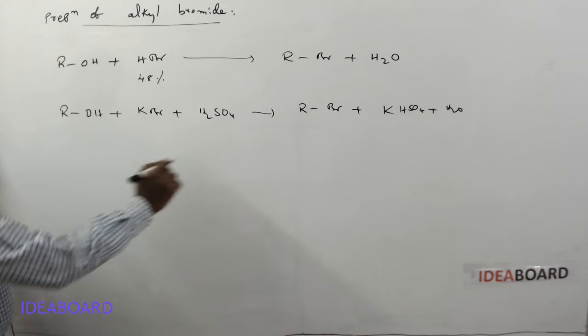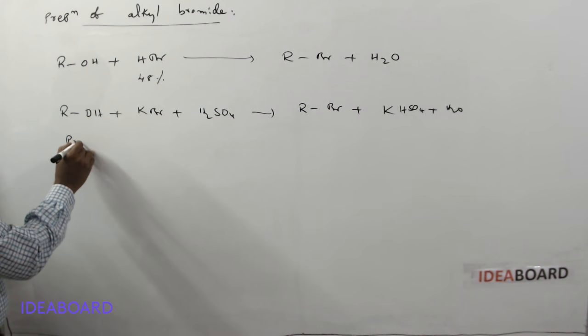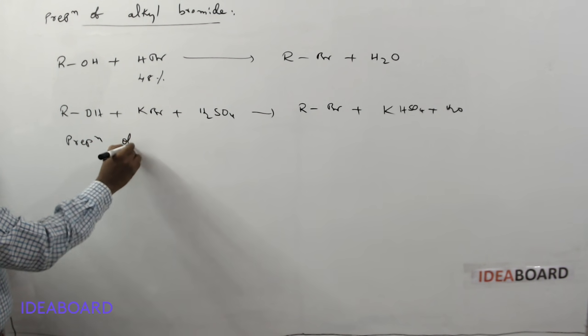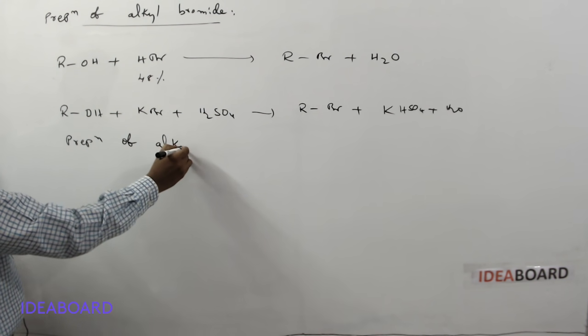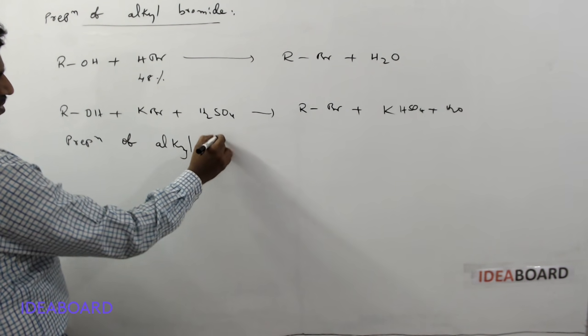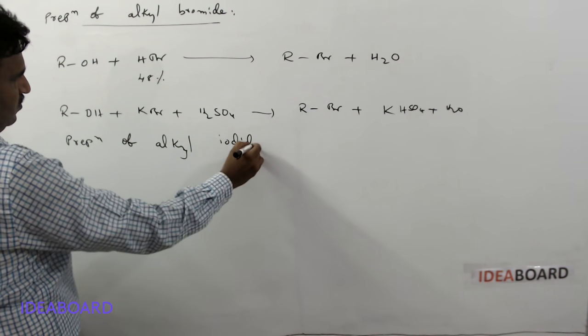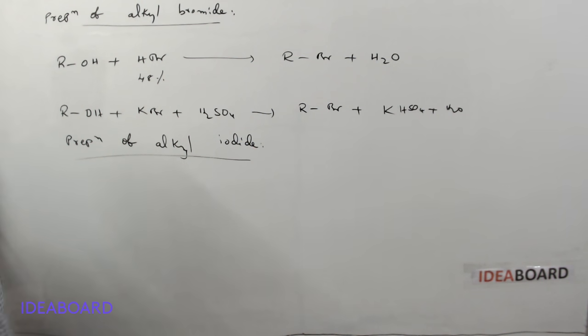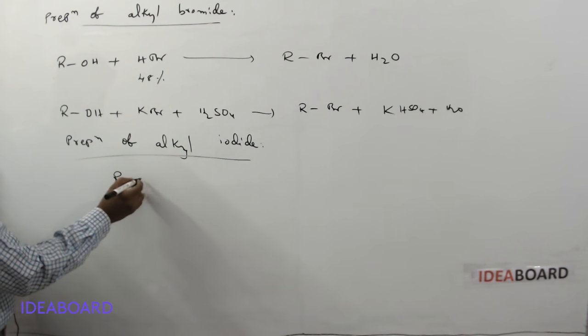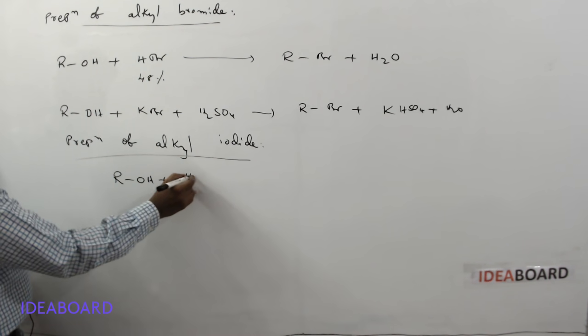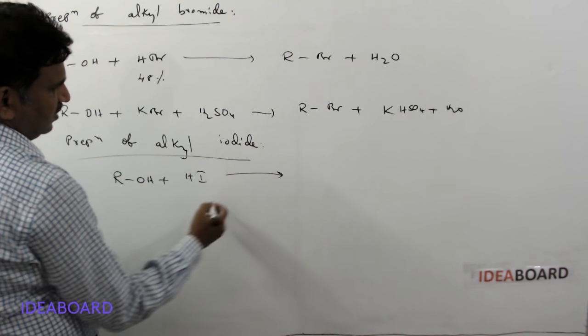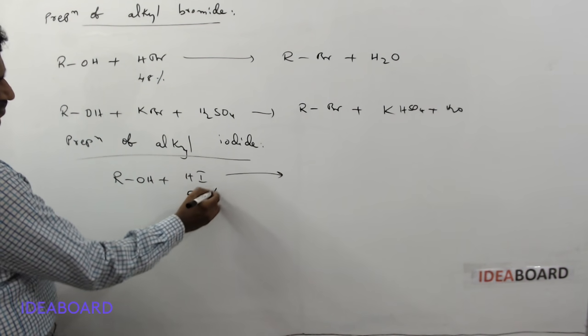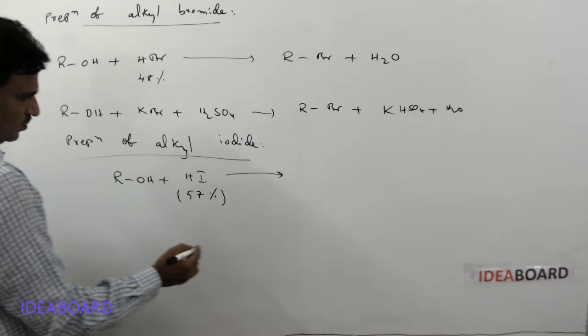Now, preparation of alkyl iodide. If you want only alkyl iodide, how can we prepare it? Alcohol is taken and it reacts with HI, but here 57% HI is used.